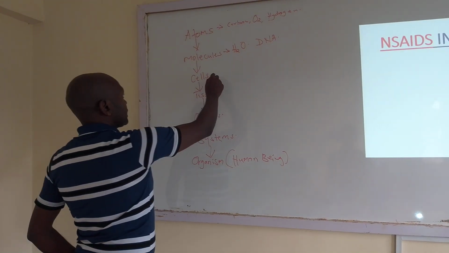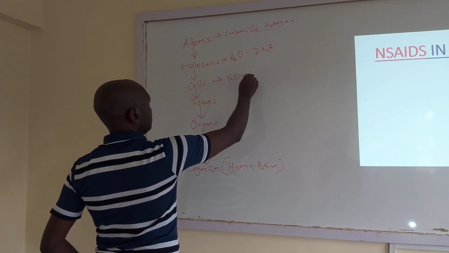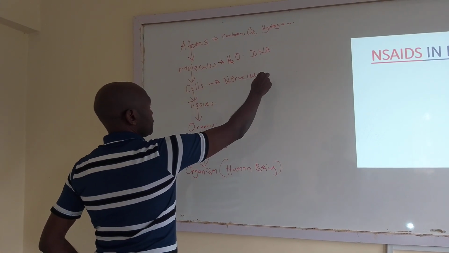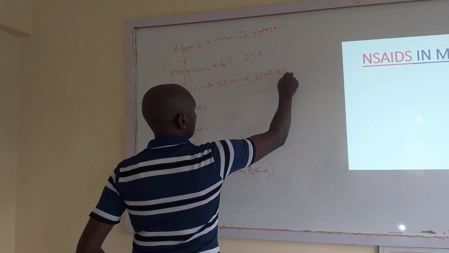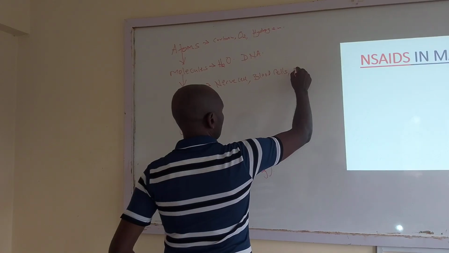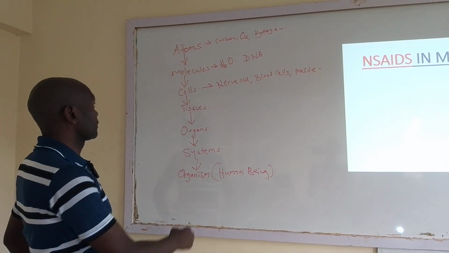Examples of cells, we can have a nerve cell, can also have blood cells. Then we can also have muscle cell, among other examples.